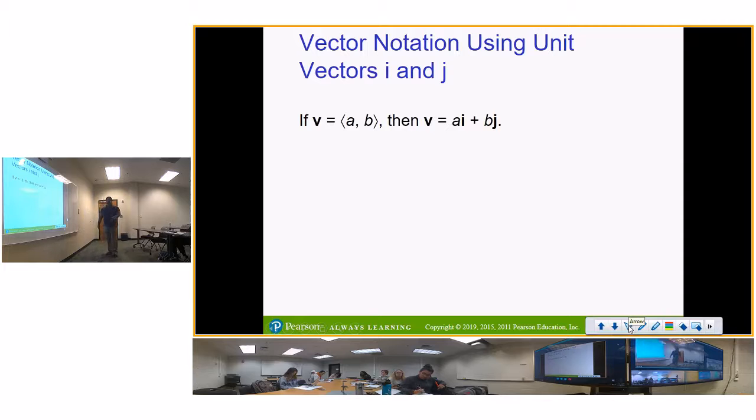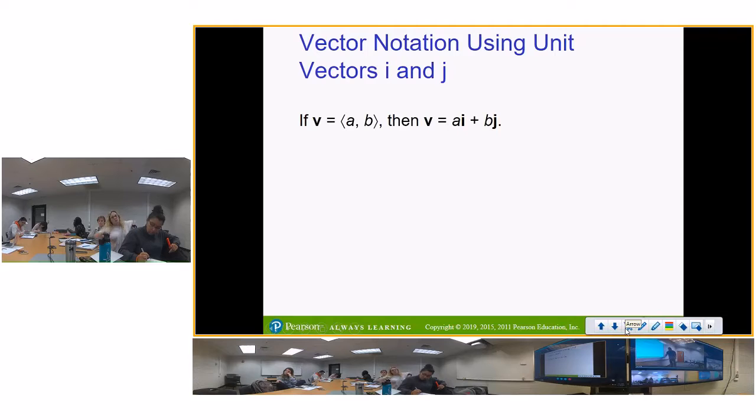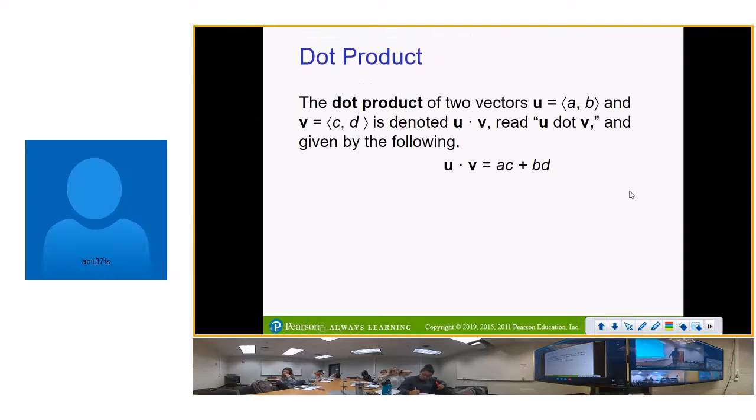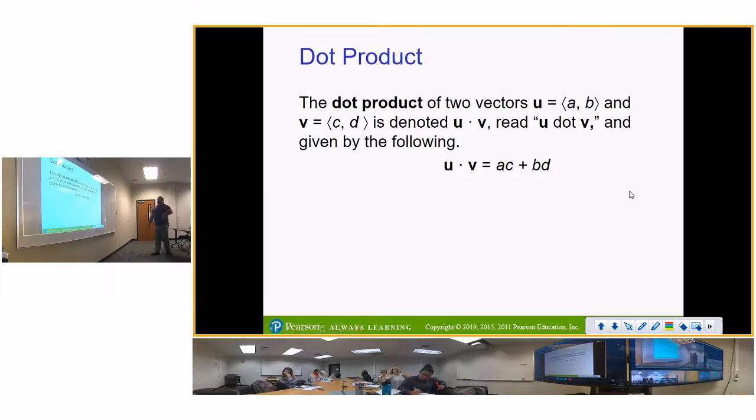I'll tell you right now, there's a lot of people that think they know vectors, but when you get to a scaling vector, or you get to a dot product, or you get to some of that vector stuff, they have forgotten a good bit. There, yep, there's one, dot product. The dot product is not a vector, okay?